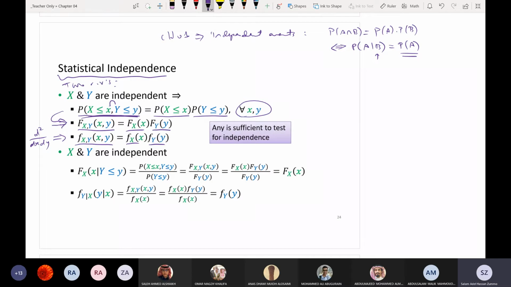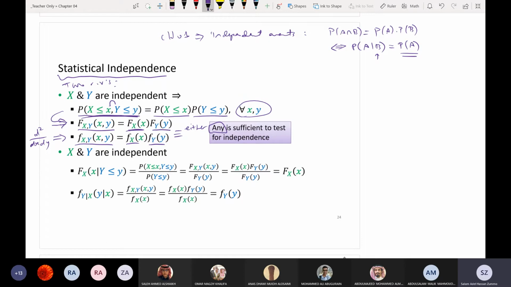So basically, two random variables, x and y, are independent if they satisfy this: the joint CDF equals the product of the marginals, or the joint PDF equals the product of the marginals. They are equivalent. You don't need to check both. Either one is enough, because both are equivalent.